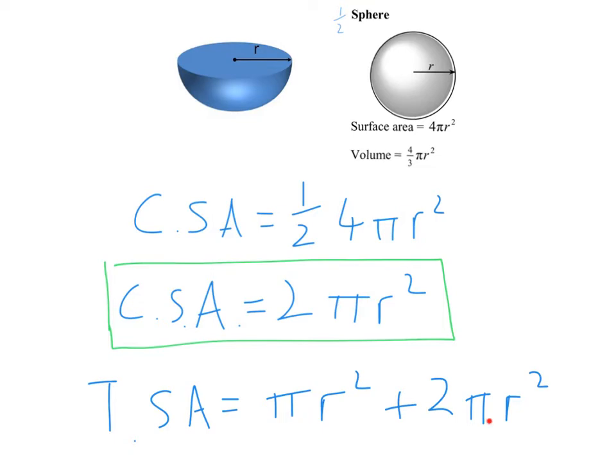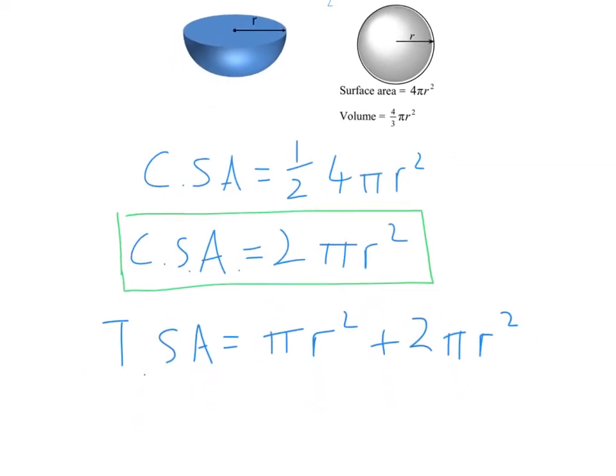Because we have two terms here and the variables are exactly the same, both of them deal with pi r squared, we can add these two terms to make life a little easier. So pi r squared plus 2 pi r squared will give us a total of 3 pi r squared. So this is our final formula for total surface area.